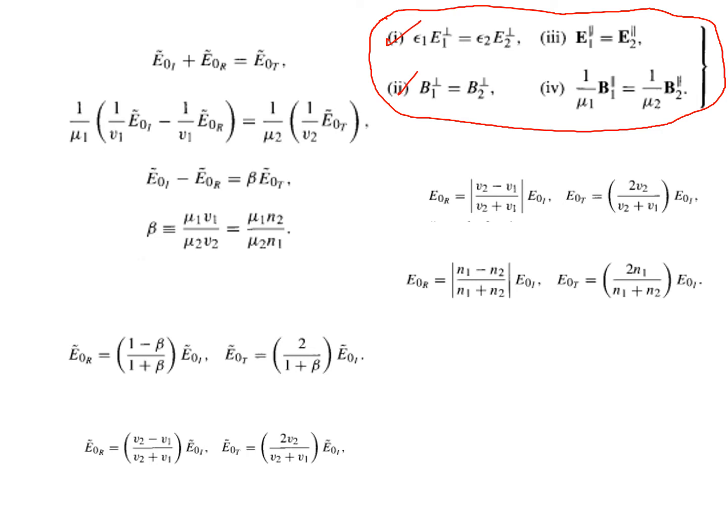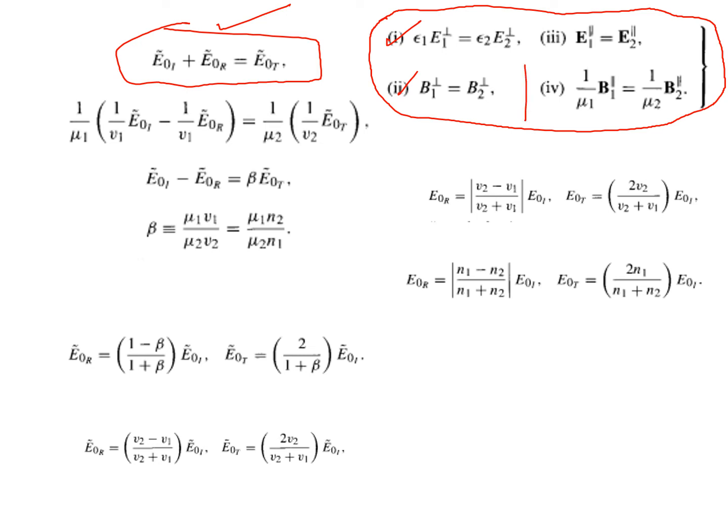Now the third one requires that the electric field components on the left must be equal to the electric field components on the right. So E0I parallel plus E0R parallel is equal to E0T parallel. E0I and E0R are on the left side and E0T on the right side. So this is from the third boundary condition.